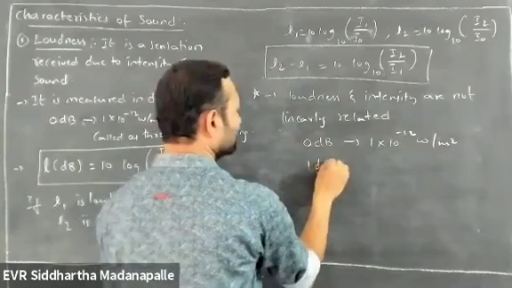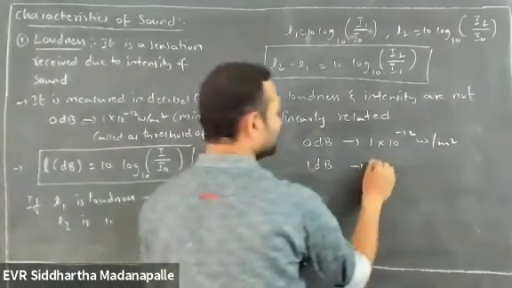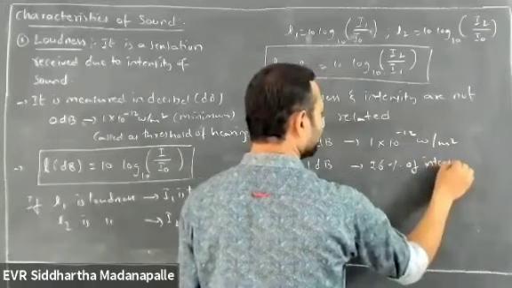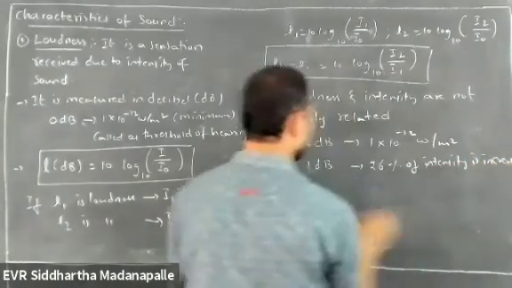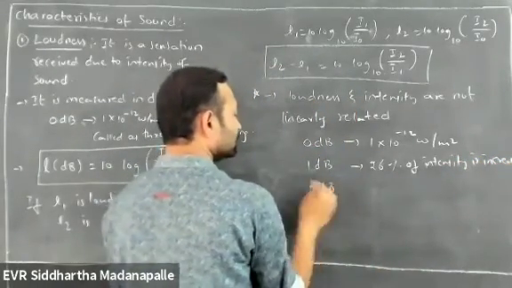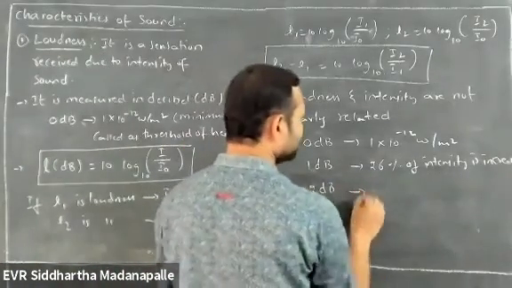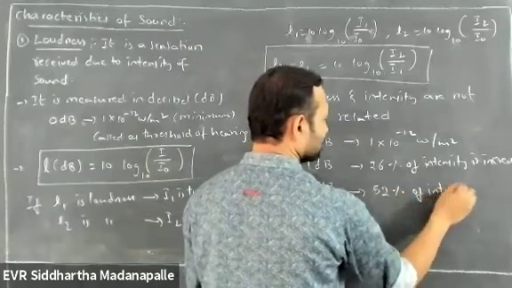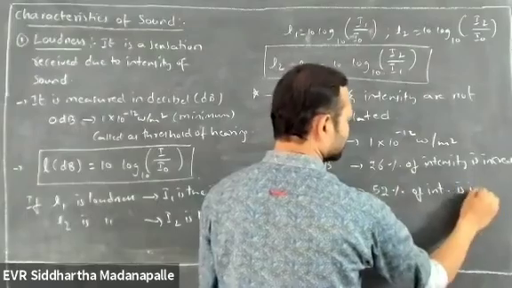At 1 decibel, if I increase the loudness to 1 decibel, then the intensity is increased by 26%. Suppose I increase 1 more decibel, from 0 to 2 decibel, then I have to increase the intensity of sound by 52% of the minimum intensity.